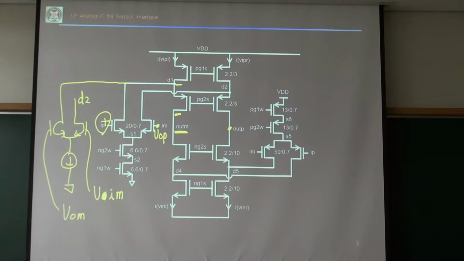Okay. So then, let's just see. This is I1 minus I2. Okay, I1 minus I2 equals half GM, VIP minus VOP. Okay. Yeah, so this I1 is added to I3.